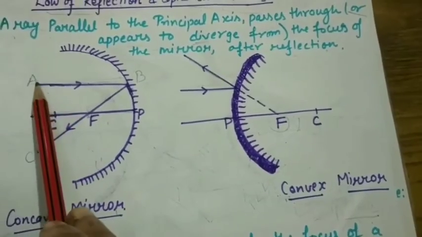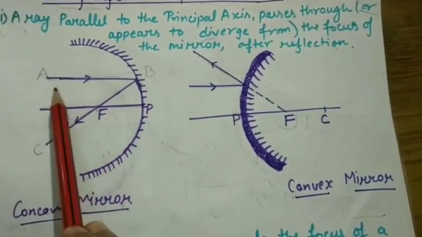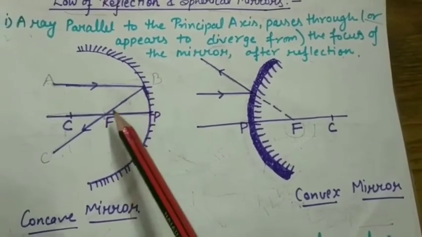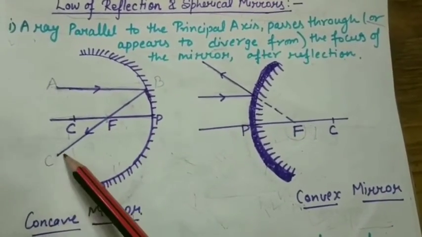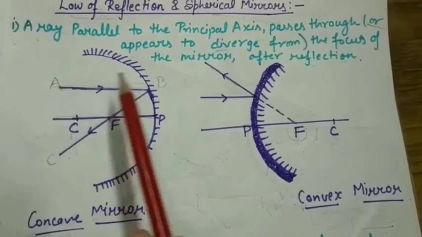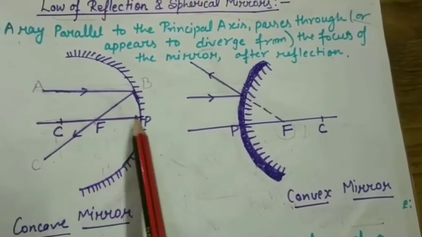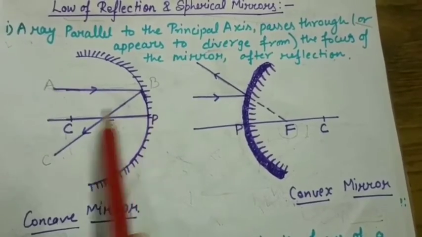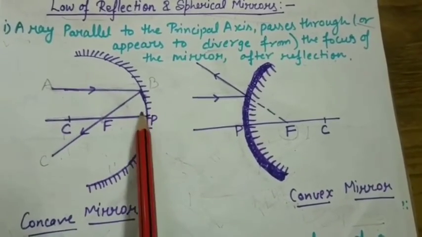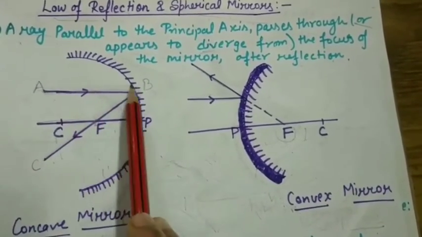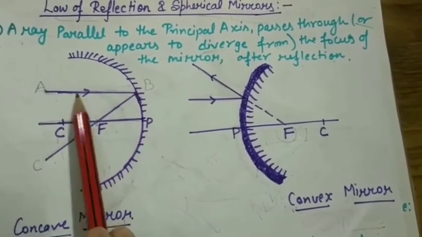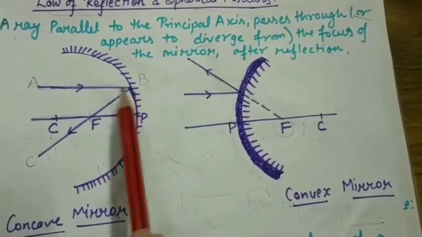Like if there is the ray AB, after reflection it will go through the focus only if the incident ray is parallel to the principal axis. Here PEC is the principal axis and the incident ray AB is parallel to it. So any ray incident parallel to the principal axis will go through the focus.